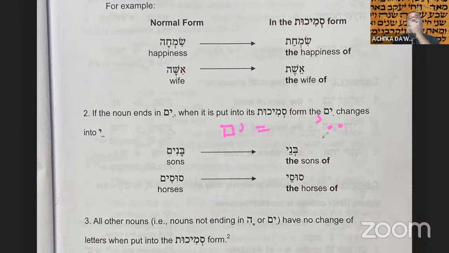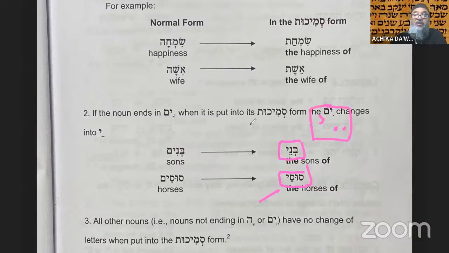That's it. So often when you look at any noun, listen to me carefully, it doesn't have to be Bnei Yisrael. It could be another noun, like Susay. The formula is still the same. It's the 2 dots and a yod if it's in a Semi-Coup form. If it's in its regular form, it'd be a yod and a mem. But these are equivalent.